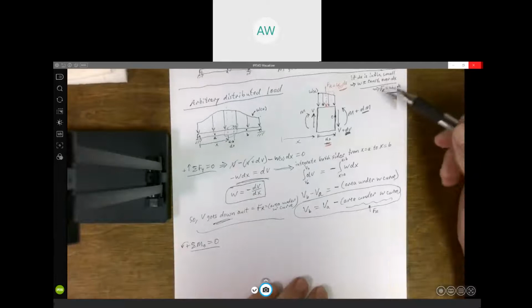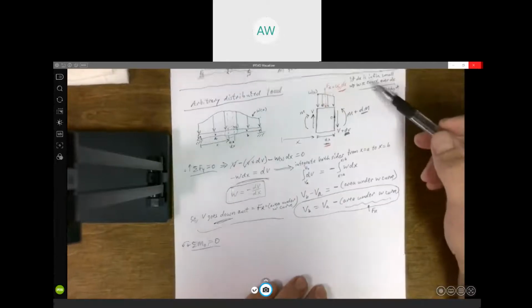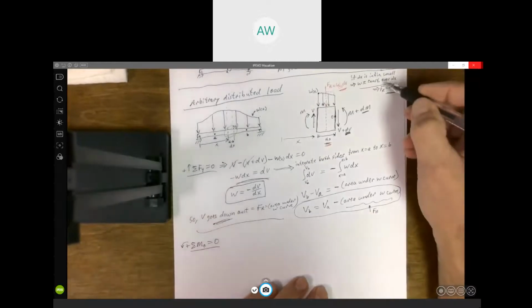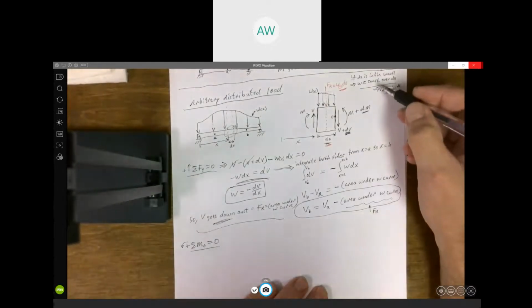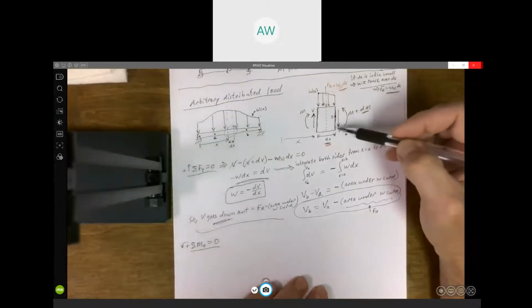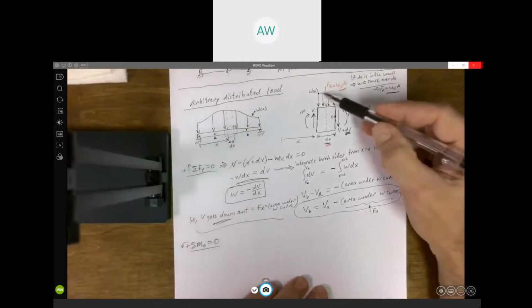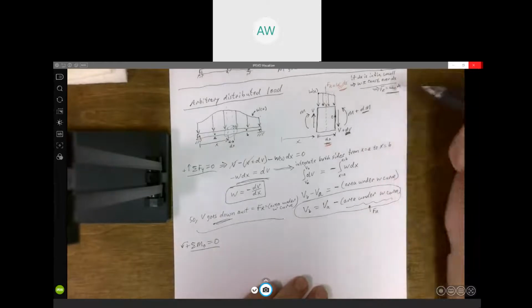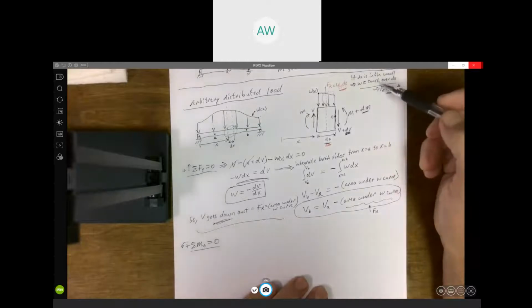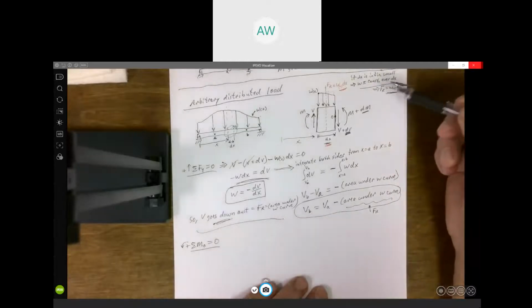Now, before we sum the moments, go back and do one thing up here. This goes back to, we assumed that the distributed load was constant over this little distance dx. Well, if it's constant, that means our area is a rectangle. And we know in general, for a distributed load, that resultant force acts at the centroid of the area.